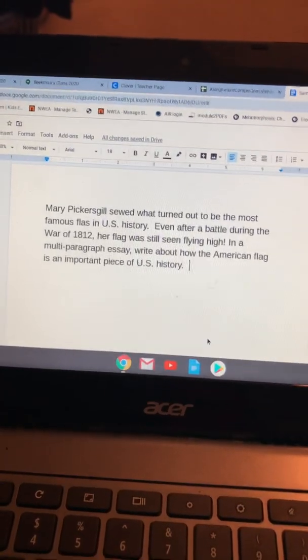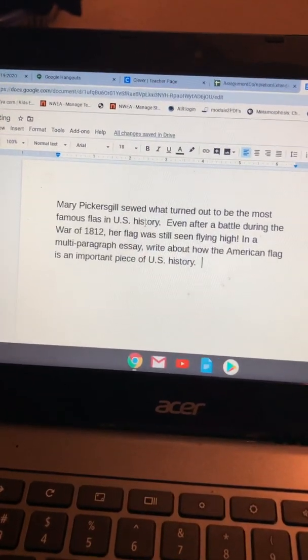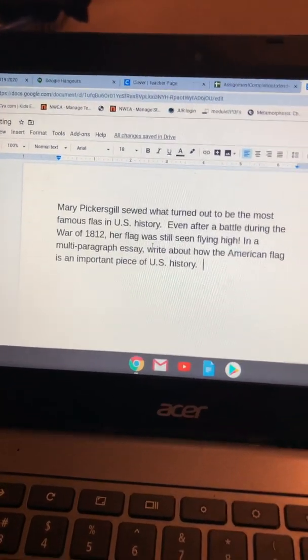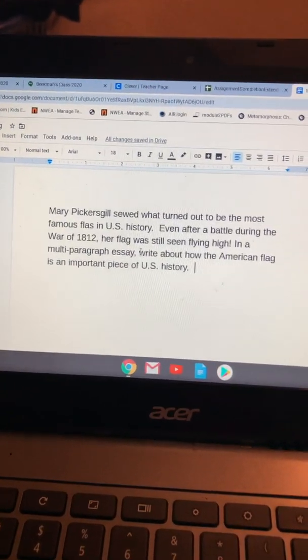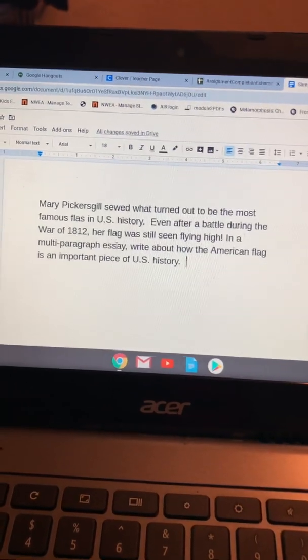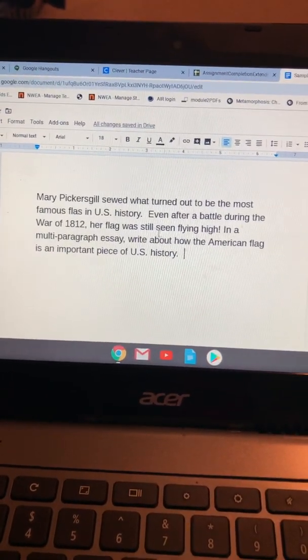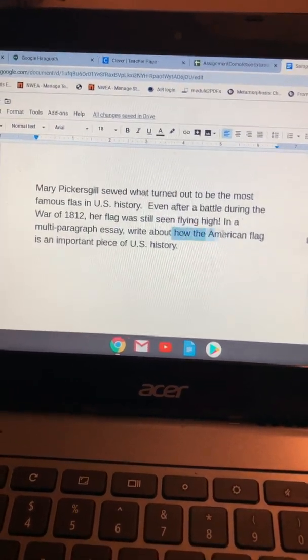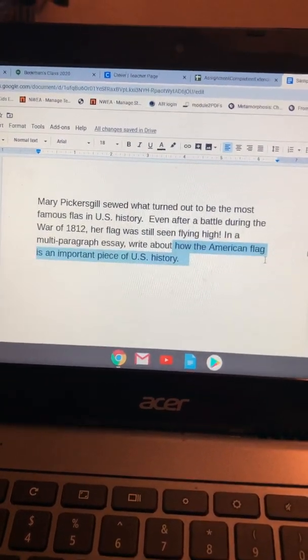So a lot of times what I'll do with them is I will say, okay, guys, when you see this, read through the mumbo jumbo at the top and then highlight what you actually need to write about. All the stuff at the top matters, but it doesn't matter for what they're writing about.